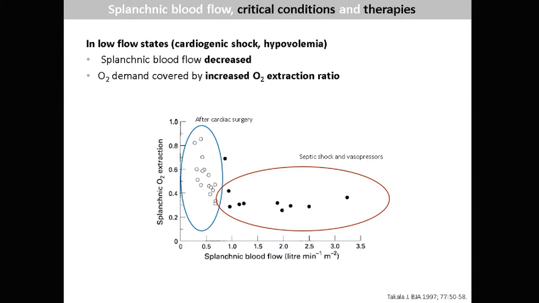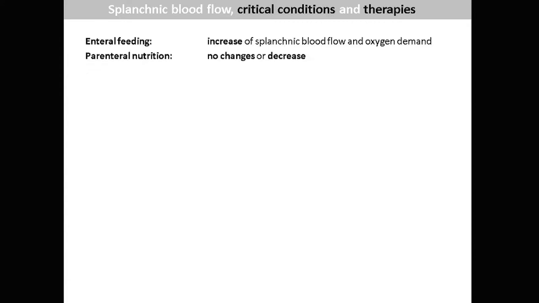We see in septic shock high splanchnic blood flow, but the extraction ratio is low. So this is different from cardiogenic shock. What about our treatments, or what we do in intensive care?